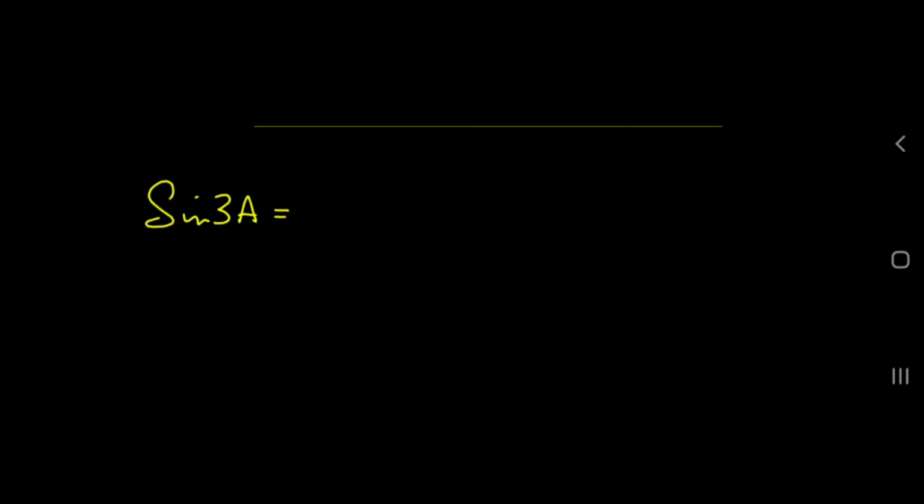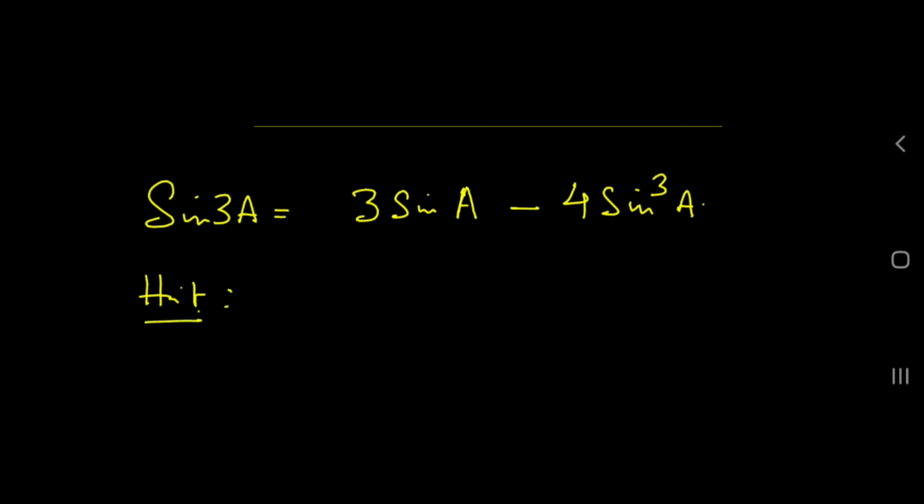So it's a very easy formula. I will give you the hint. Try to prove all of this: sin 3A equals 3 sin A minus 4 sin cube A. So what is the hint? I'm giving the hint.